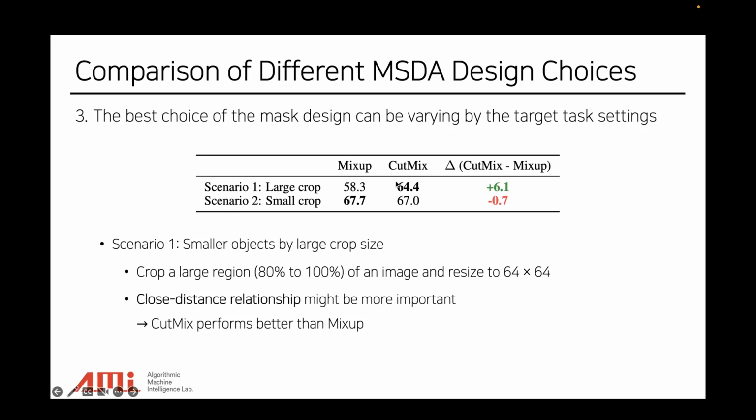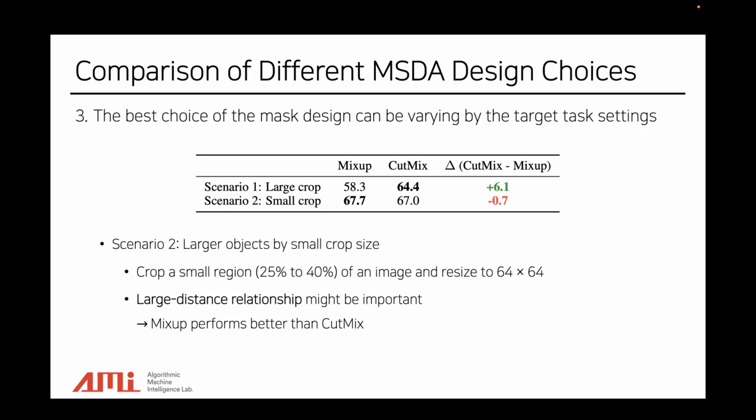As we assumed, the results show CutMix performs better than Mixup. And in scenario 2, they crop a smaller region, 25 to 40% of an image, and then also resize to 64 by 64 resolution.